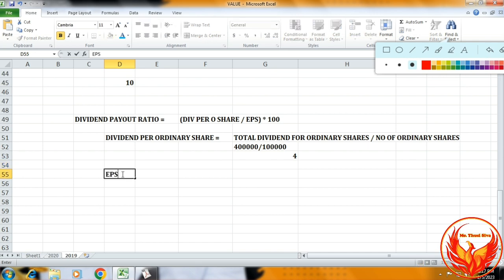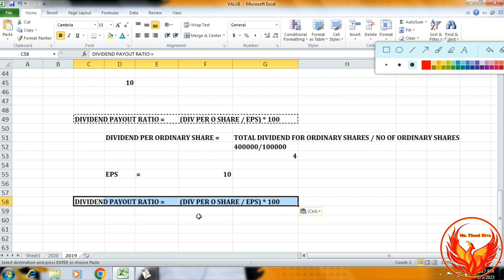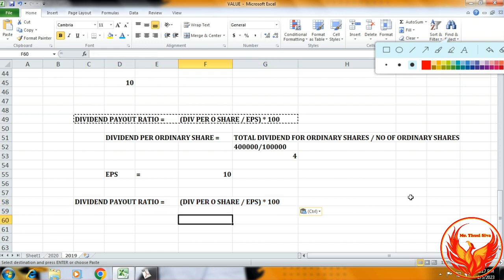Earnings per share is already calculated above as rupees 10. So now we can calculate the dividend payout ratio: dividend per ordinary share, rupees 4, divided by EPS, rupees 10, into 100%.